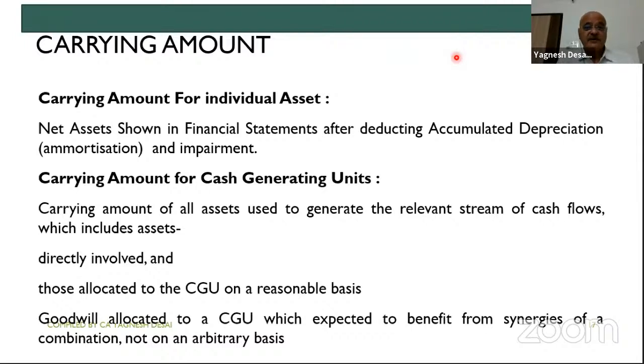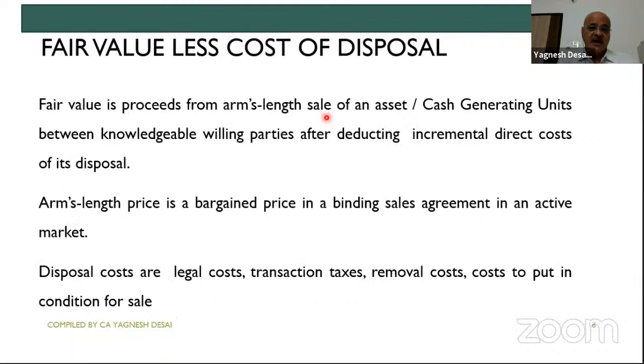Then the fair value less cost to sell is nothing but the arm's length price. Disposal costs are the legal costs, transaction costs, removal costs, costs to put the asset in condition for sale, marketing costs, lawyer's fee, transfer fee, all this. But as I told you, holding cost is not to be deducted, mind you.